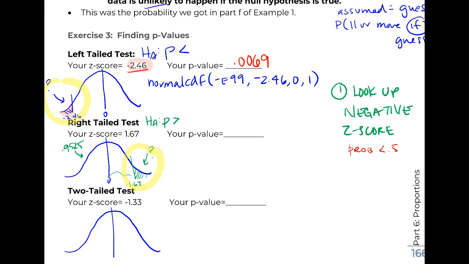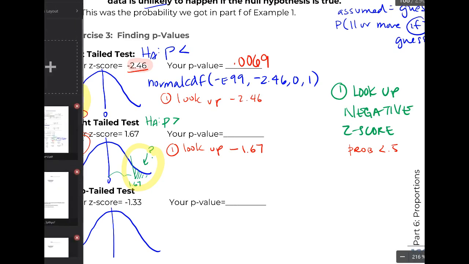So instead of looking up whatever our z-score was, we would in this case look up negative 1.67. The previous problem, well, it was already negative, so we're just going to look up negative 2.46. So this doesn't mean change the sign. This just means only look at negatives for p-values.